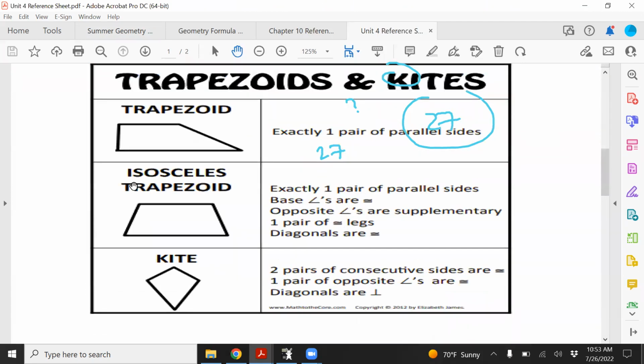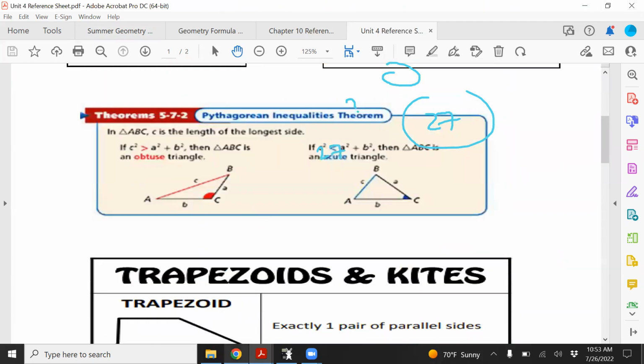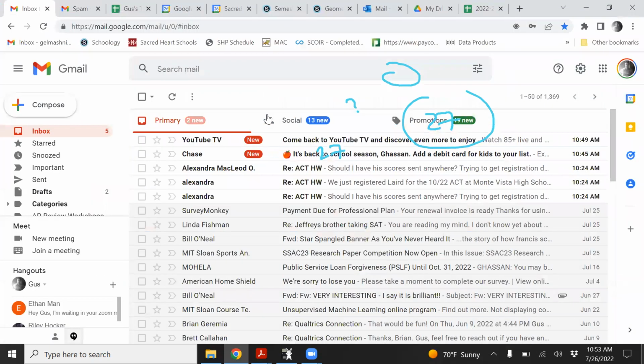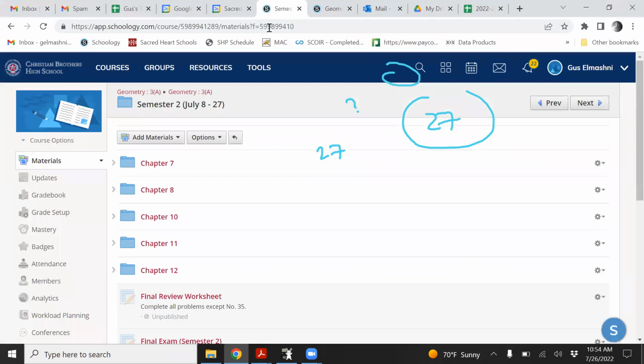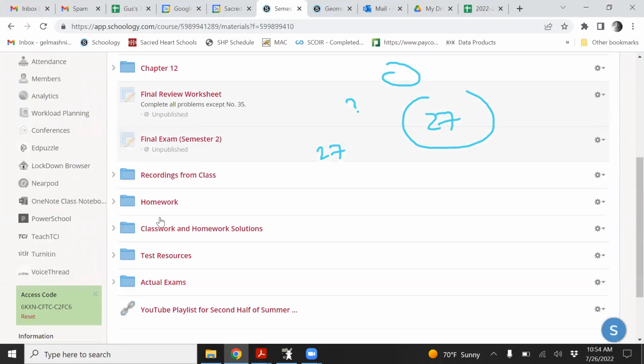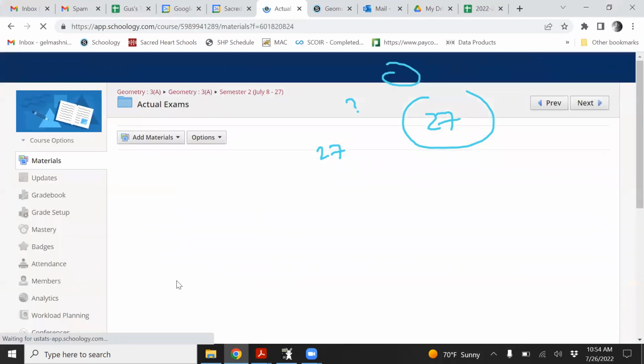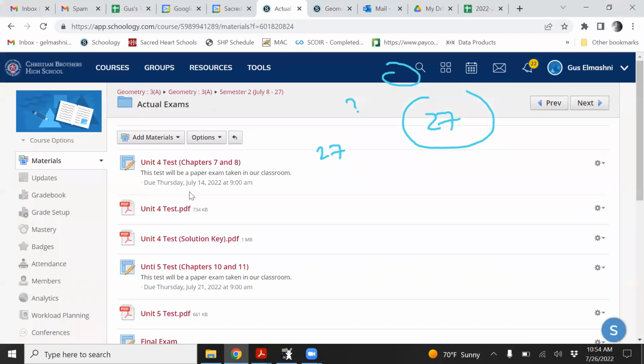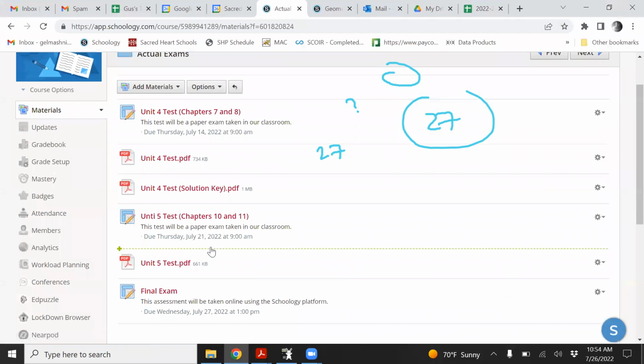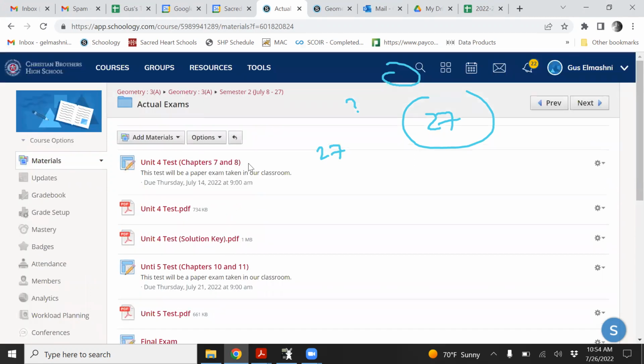If you just click, if you go to actual exams. No, I lied. And by the way, I thought I put the Unit 5 test solution key up here. Hold on a sec.